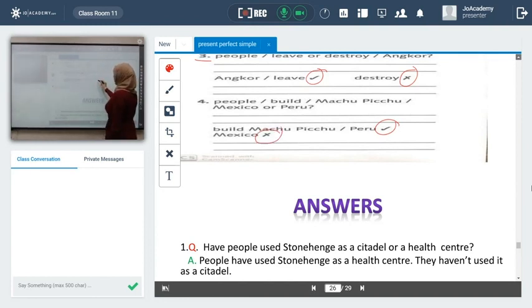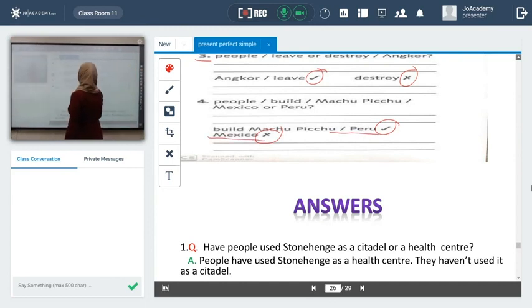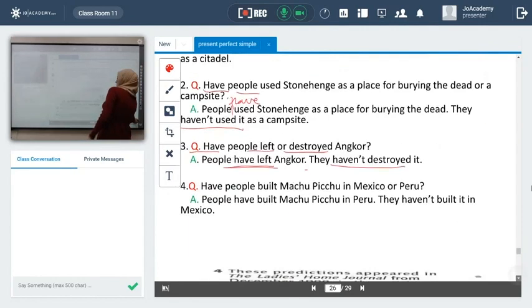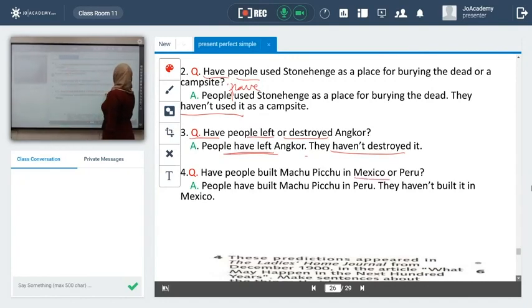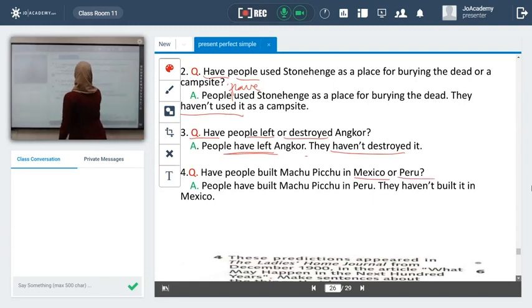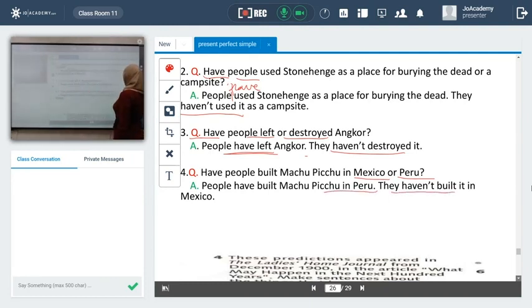So here, it's going to be formed with the affirmative sentence, and here, we will form it with the negative sentence. So let's have a look at the answer. The question first will be, have people built Machu Picchu in Mexico or in Peru? People have built Machu Picchu in Peru. They haven't built it in Mexico.